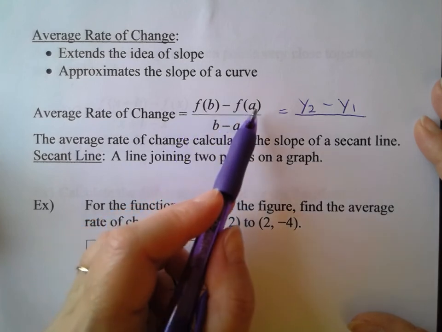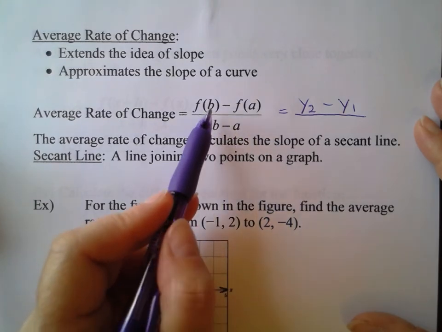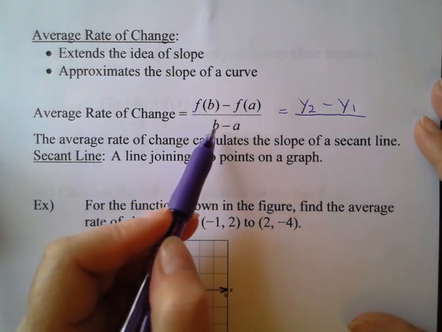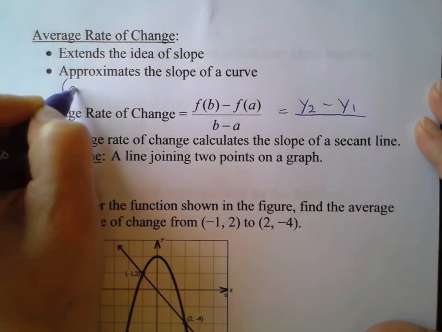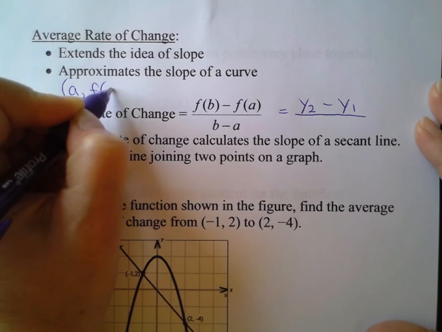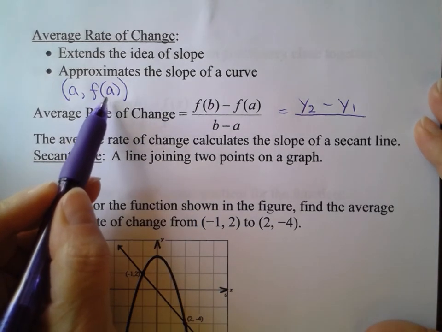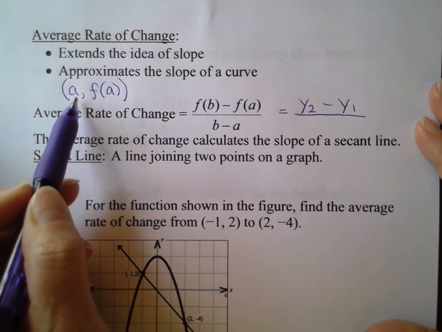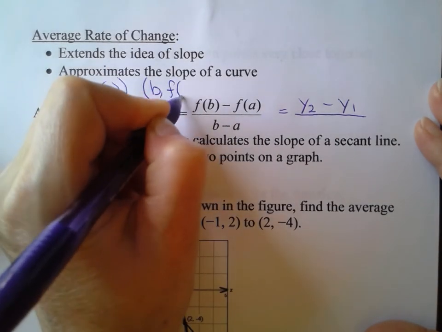So we have a and f of a as my first point, and b and f of b as my second point. And we could even write it out that way. 2 points, a comma f of a. F of a just means the y value I get when I use a as my x. And then b comma f of b.